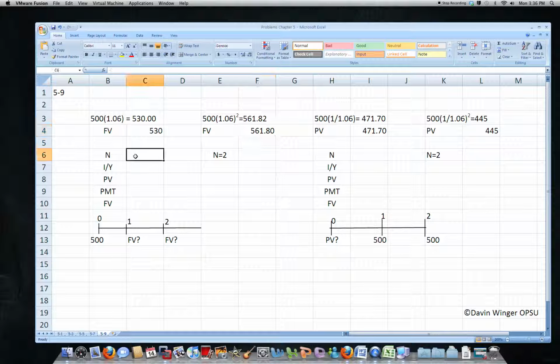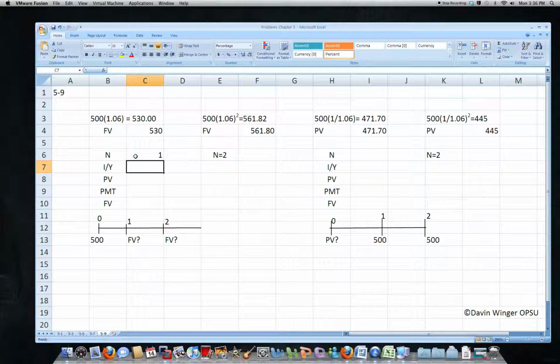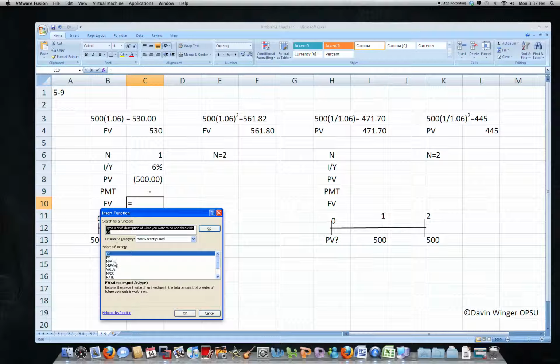You'd say equals 500 times 1.06 and use this little caret symbol to the second power. We can also do it like we would with our financial calculator, and use the spreadsheet functions. N would equal 1, I/Y would equal 6, present value would equal minus 500, payment 0, and we'll solve for future value. There's a shortcut to the formulas, where you'll see most recently used.